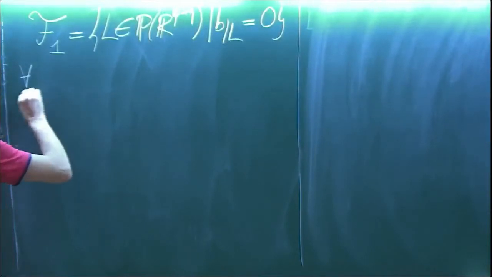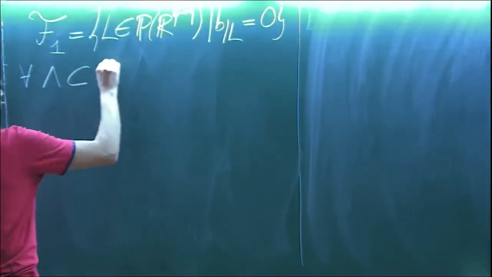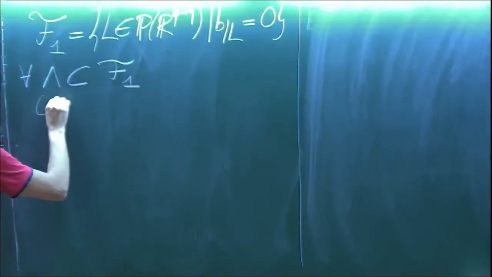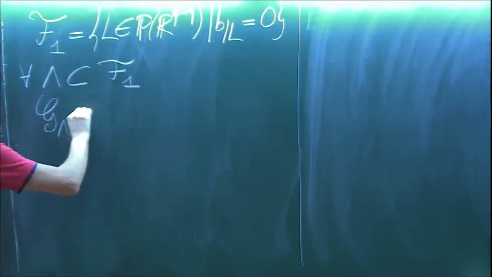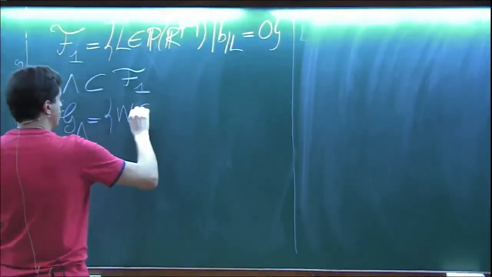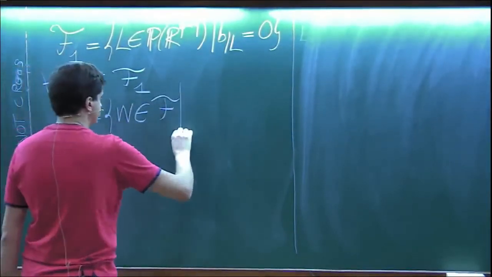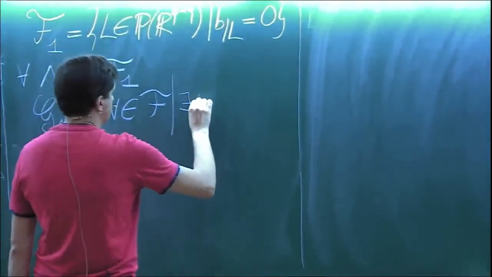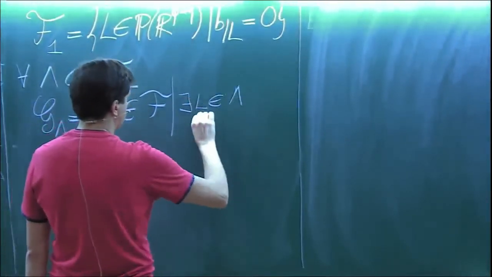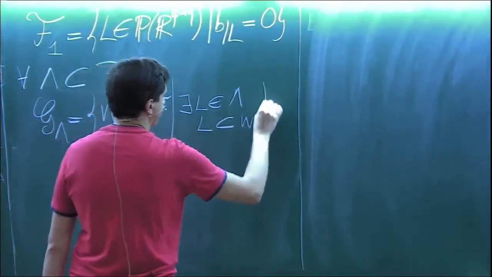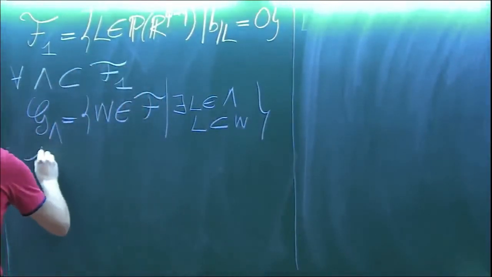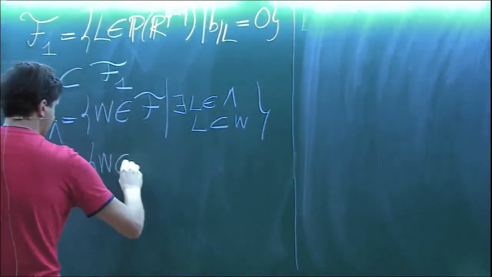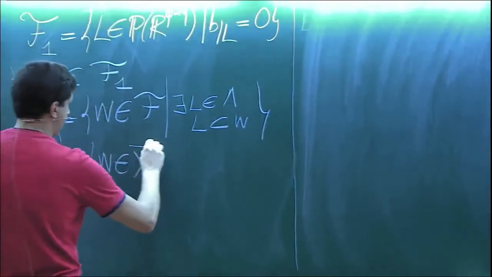So for every lambda in F_1, I denote by G of lambda the set of W in F, so isotropic Q-planes, such that there exists a line in lambda which is contained in W. And Y of lambda is the same with F replaced with X bar.